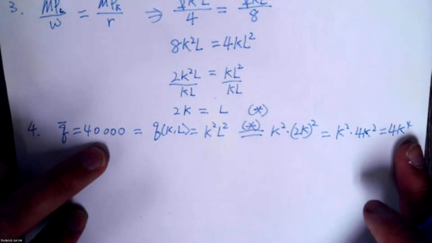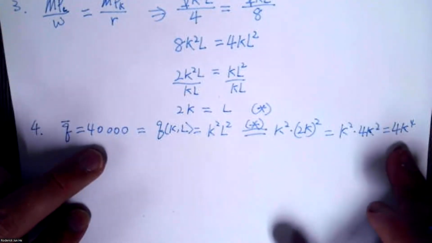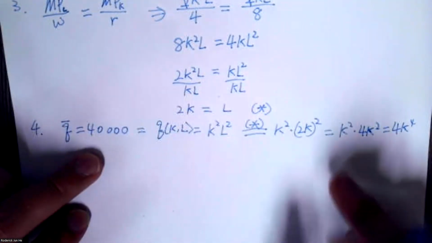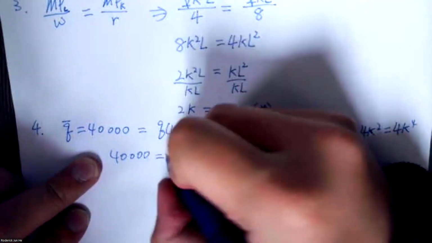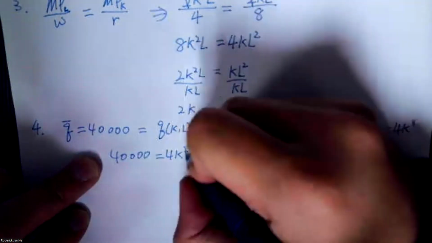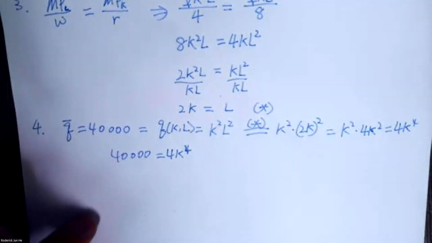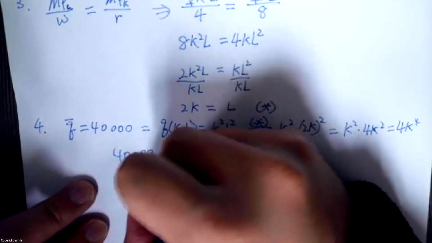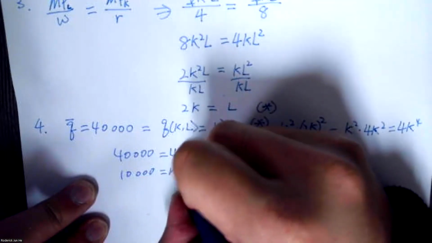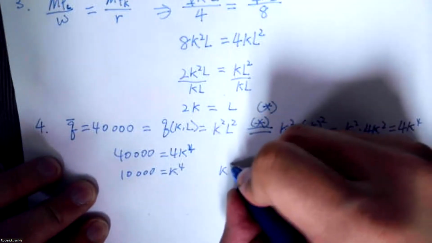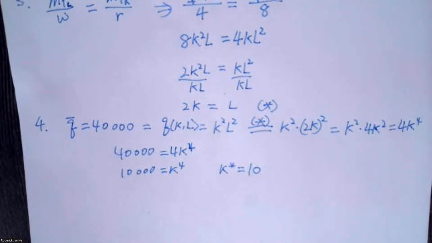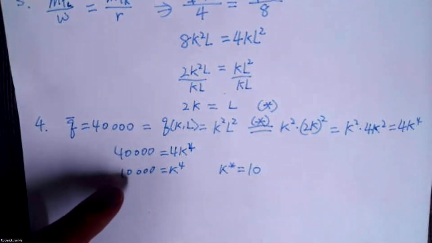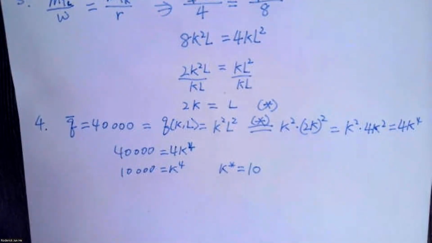Then we solve for K. We have 40,000 equals 4K to the power of 4. Dividing both sides by 4, 10,000 equals K to the power of 4. So K equals the fourth root of 10,000, so K equals 10.